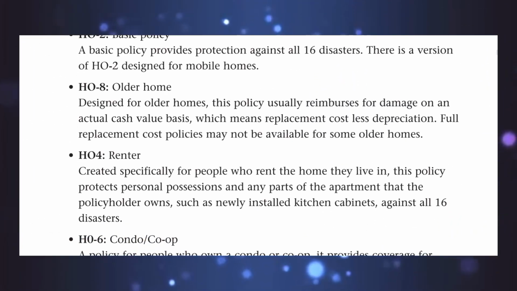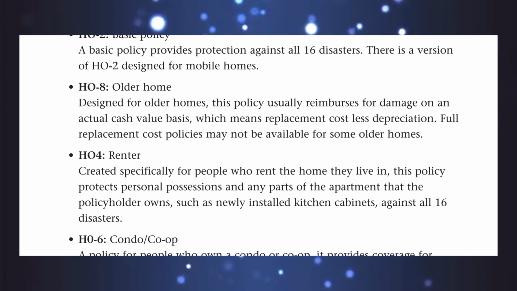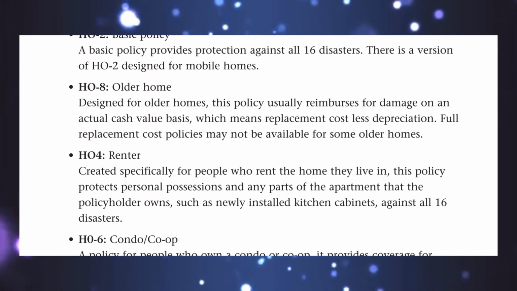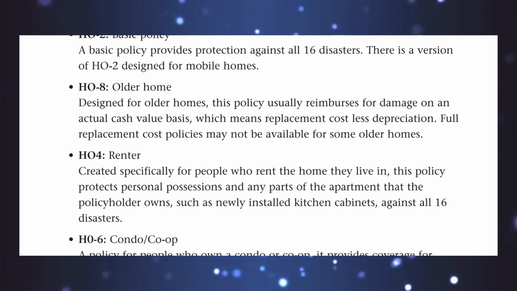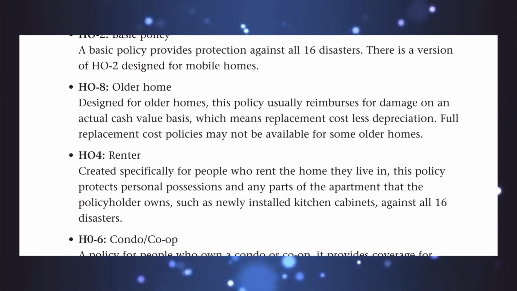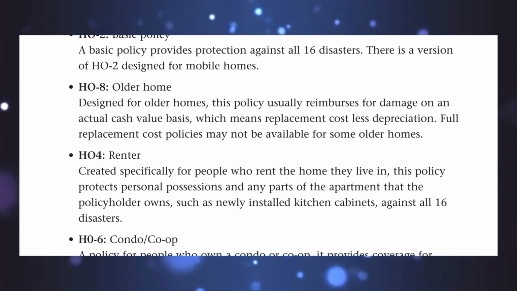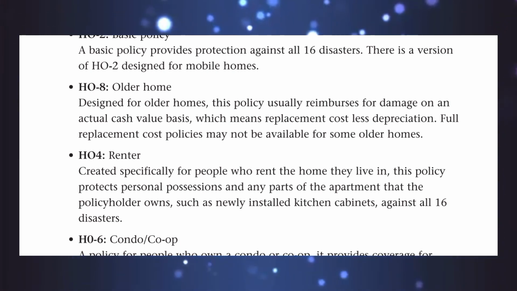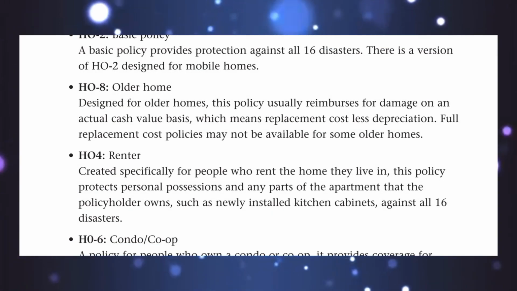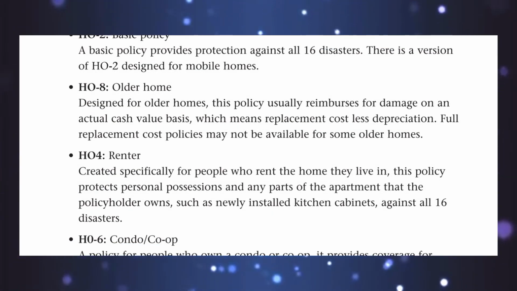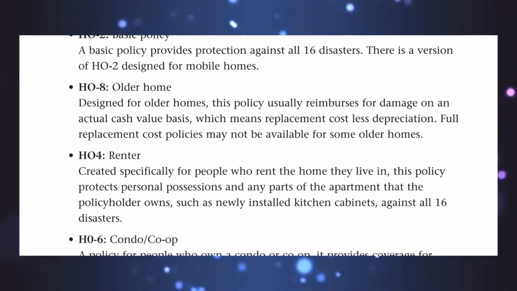HO8 Older Home. Designed for older homes, this policy usually reimburses for damage on an actual cash value basis, which means replacement costs less depreciation. Full replacement cost policies may not be available for some older homes.